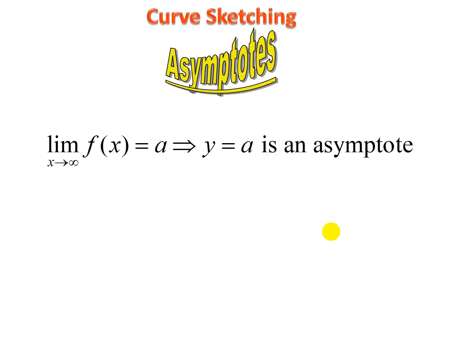Limit of f of x as x tends to infinity equals a means that y equals a is an asymptote. So if you try to find a horizontal asymptote, just find the limit as x tends to infinity, which you can now do using L'Hopital's rule.